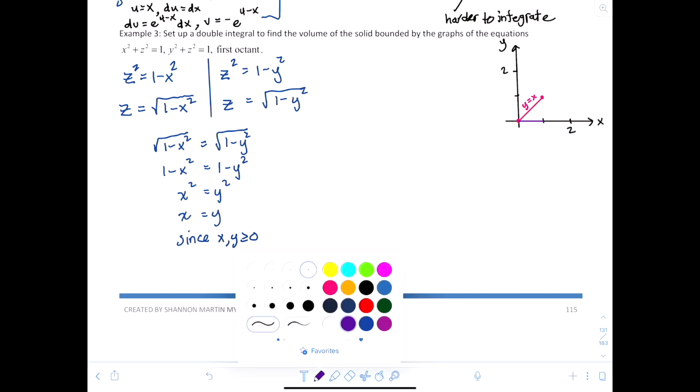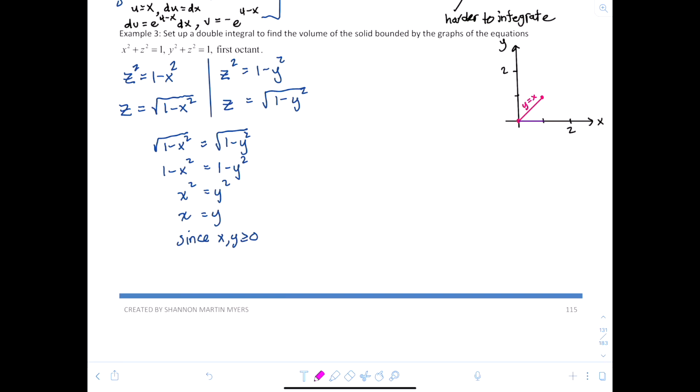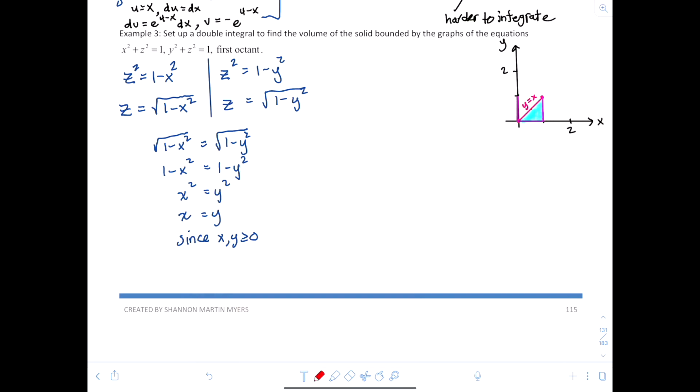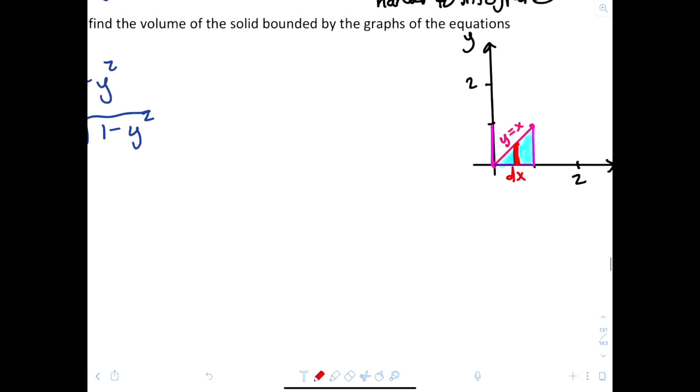And then remember x would be going from x is 0 to x is 1. And so our region is here. And we're setting it up as vertically simple. So this will be dx. Cool? So that's our setup.